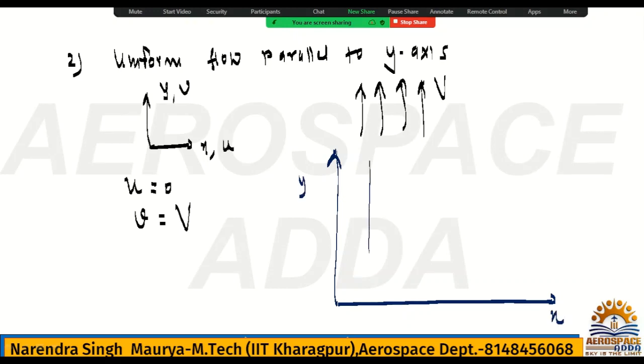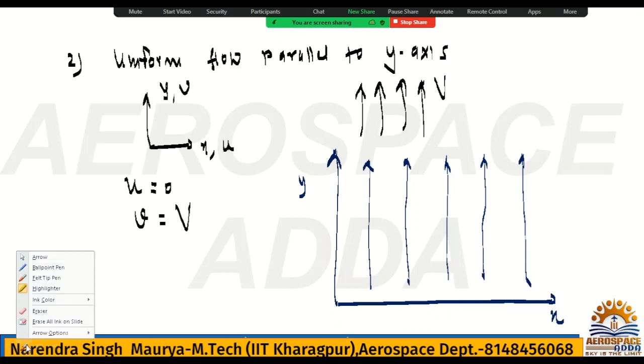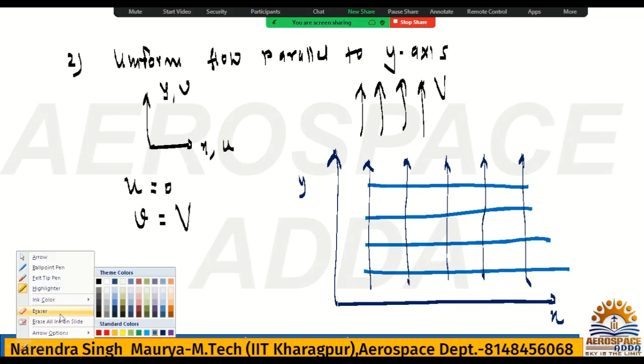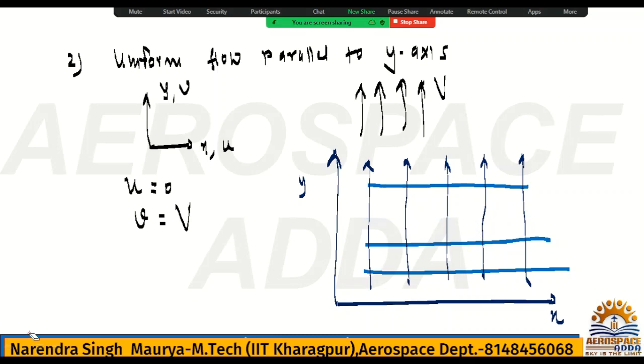Flow parallel to y axis means this will be the streamline, and this will be the streamline, and this will be the equipotential line. This will be the equipotential line. Yes or no? Everywhere it is perpendicular to each other.